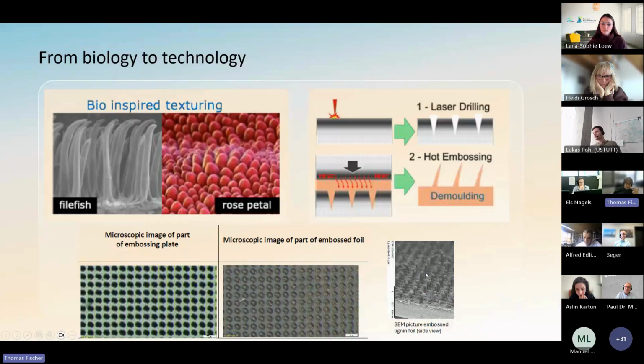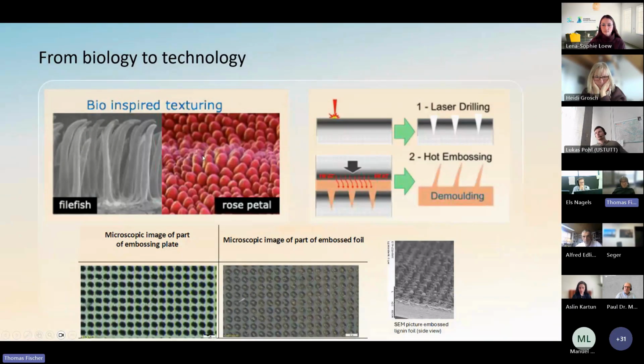So you need a negative form to emboss on the coating, and then the hot or the semi-liquid lignin coating will go into these holes. So we basically are inspired by nature. Here you see another one, the rose petal.